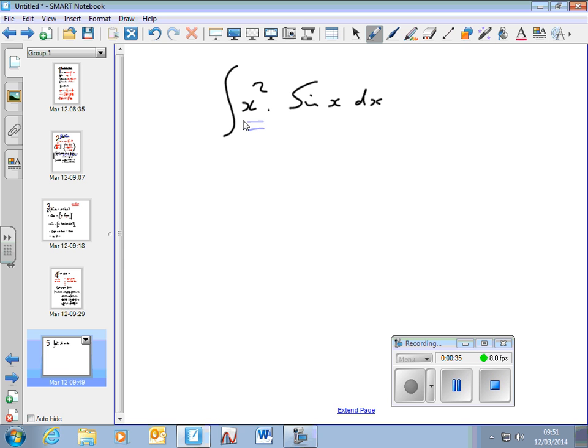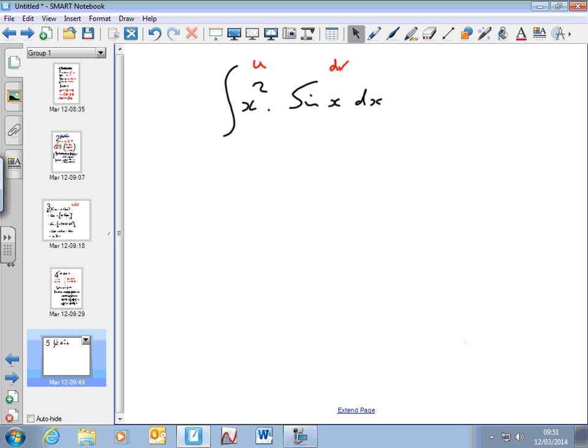So we're going to apply the rule twice, which is a good example of using the rule, because we'll go through it twice and you'll start to get the idea. So, same, I let u equal x squared, and I let dv equal sine x. So the bit I call u, I differentiate.